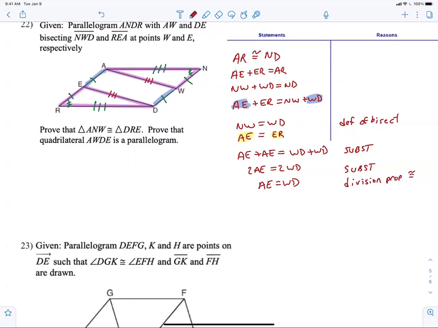So I think this part was what was challenging. Everybody okay with that? Yes.